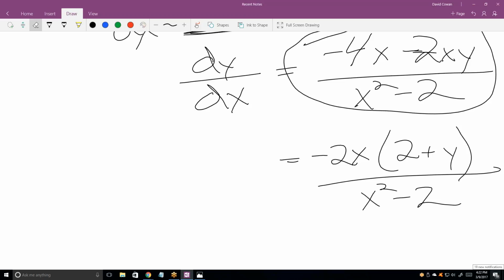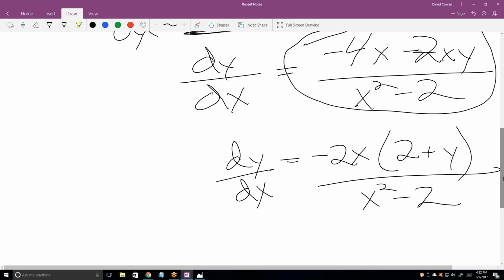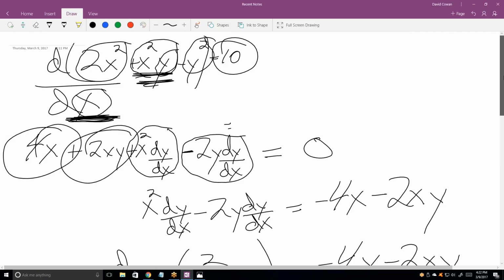So I cannot divide top and bottom by x. Okay, and this would be dy dx. And this is actually one of the tougher problems, not a problem that I would have started with implicit differentiation, just because you've got to handle the product rule also.